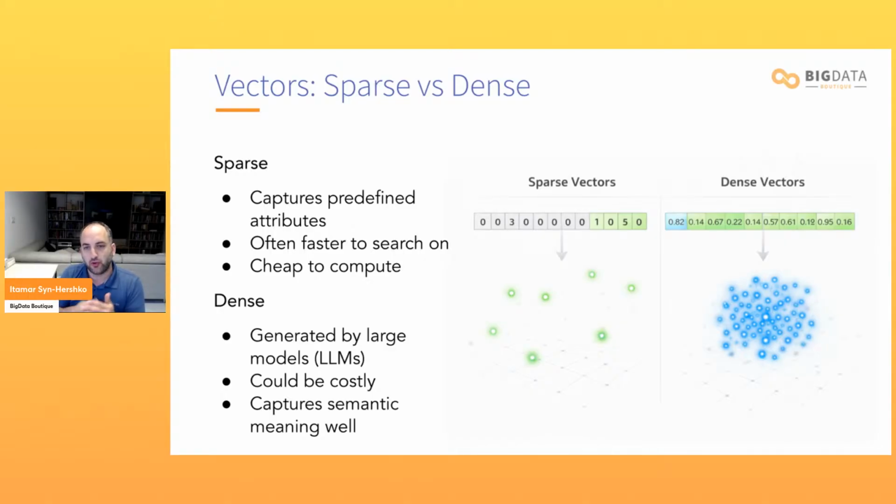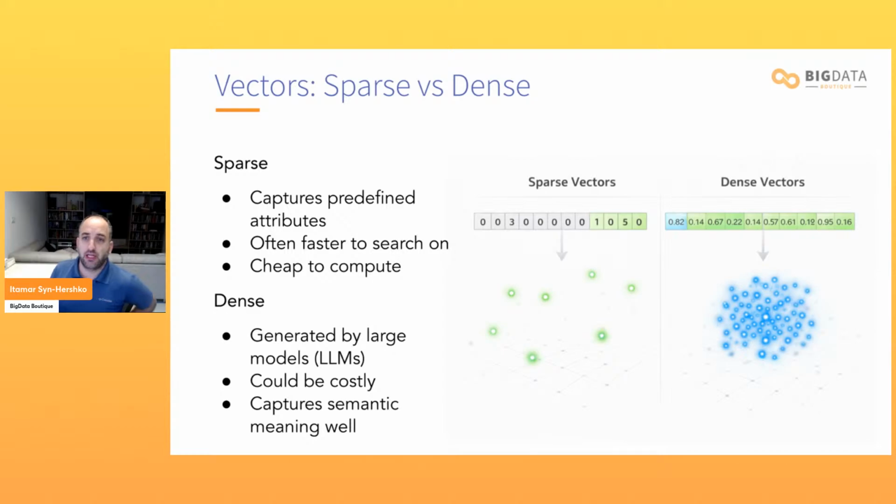And they're called sparse because there are going to be so many zeros over there. So it could be a vector with 30,000 coordinates, but most of them are going to be zeros. So we are only going to have a couple of dozens, maybe hundreds of values in the vector itself.